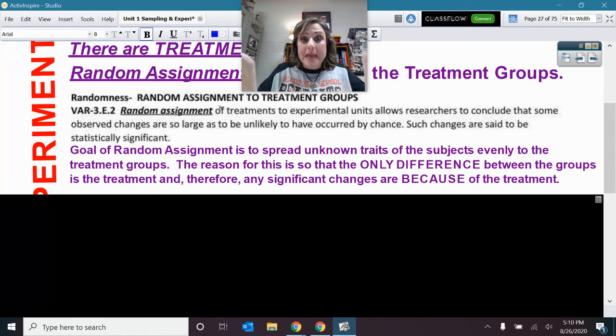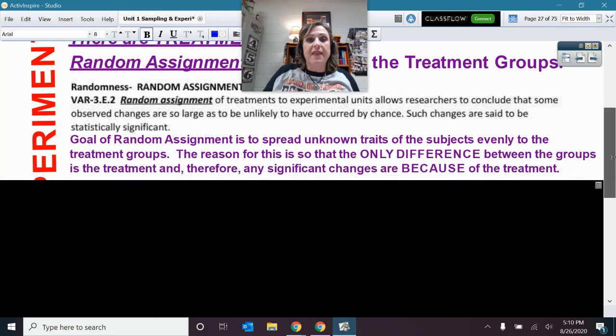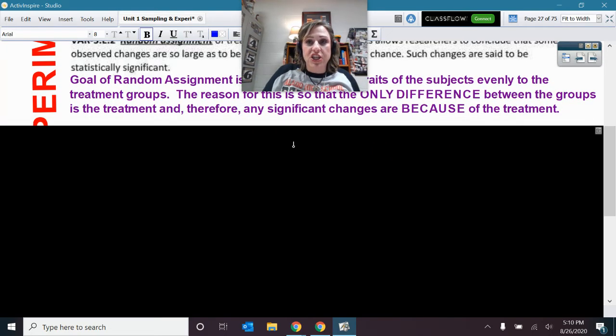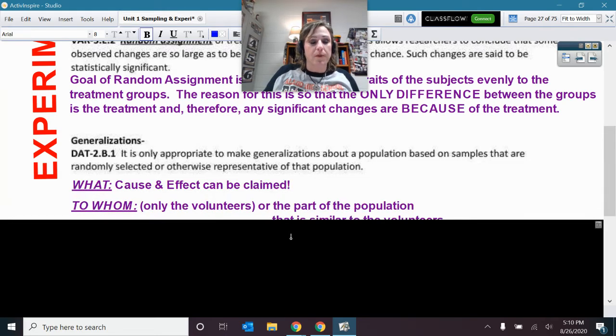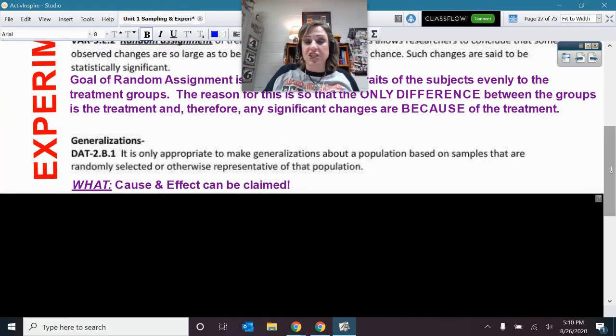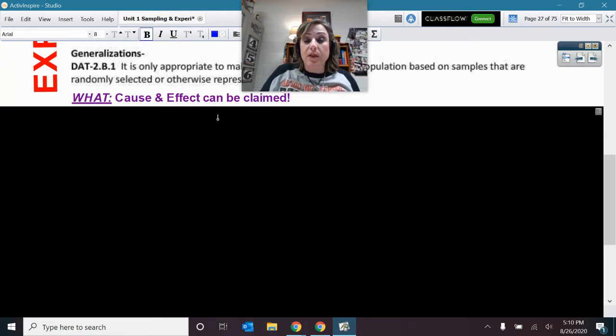So that means the debridement is the cause. That's the key. That random assignment makes the only difference between those groups the treatment, and therefore any significant change is because of the treatment. Therefore, when we make generalizations for experiments, what can we claim? We have the right to claim cause and effect.